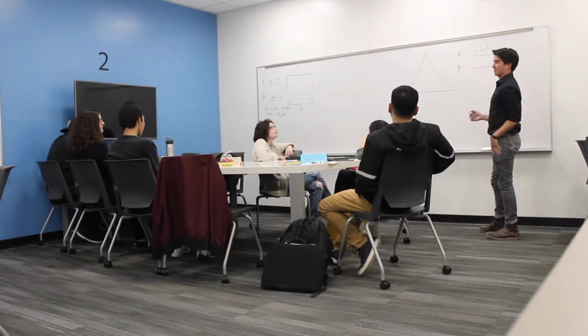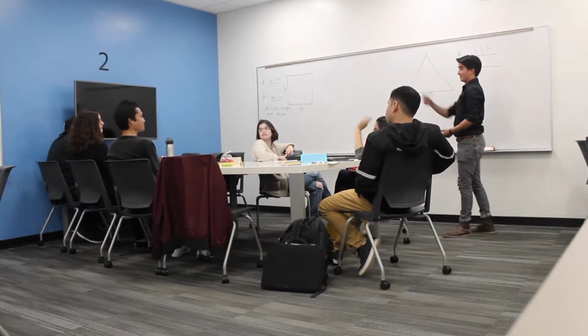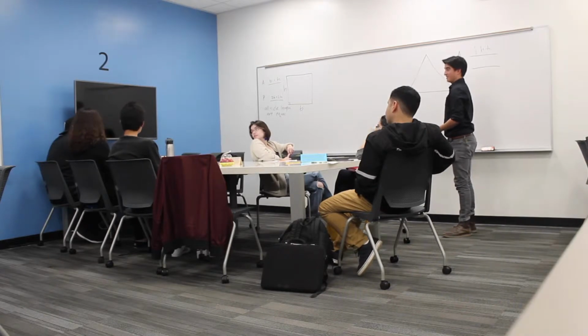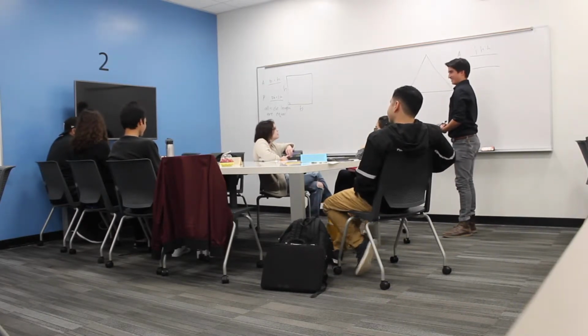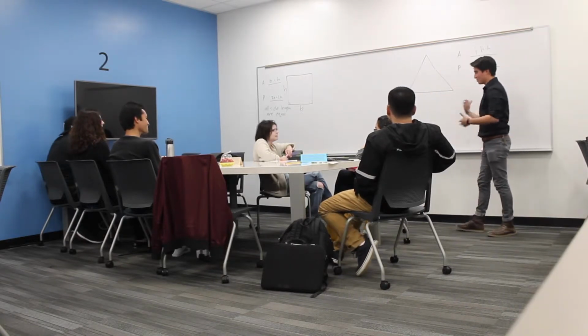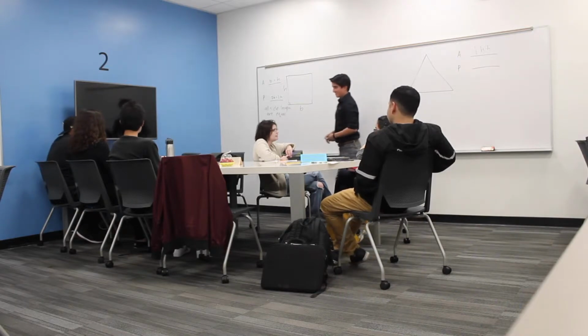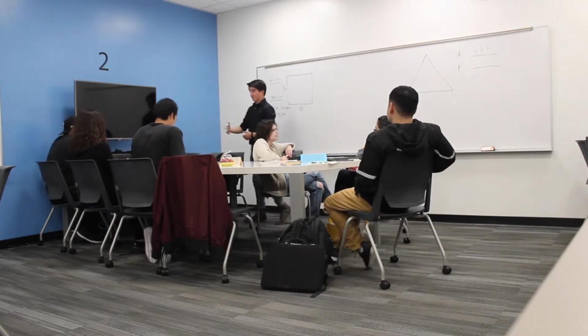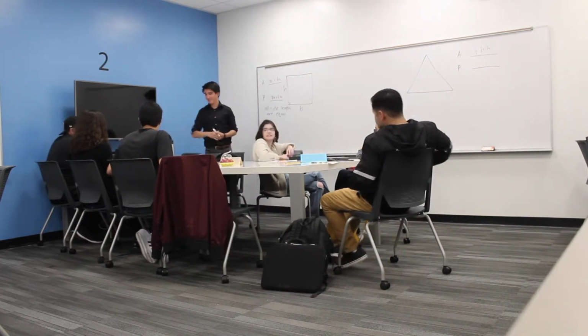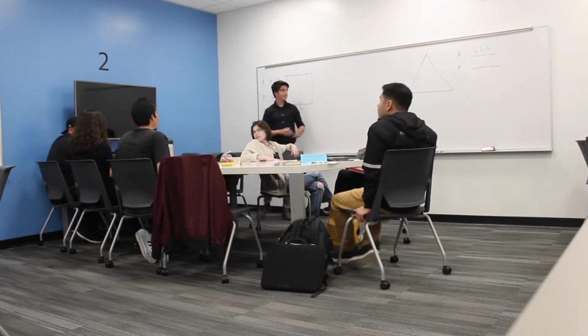What about the perimeter? I don't know. No worries, Jesus. This is where we're going to refresh your memory. We'll go through it right now. Is it A plus B plus C? Yes.